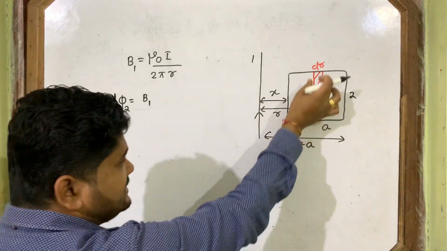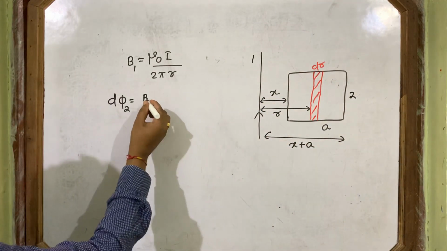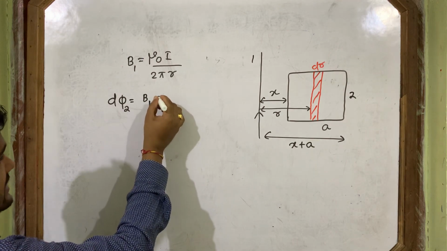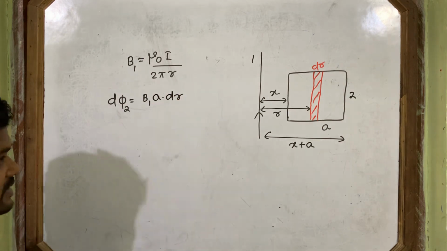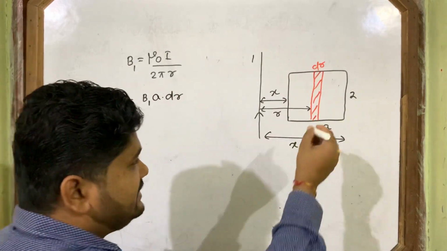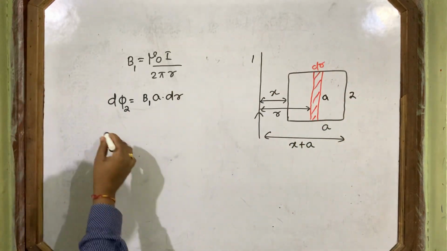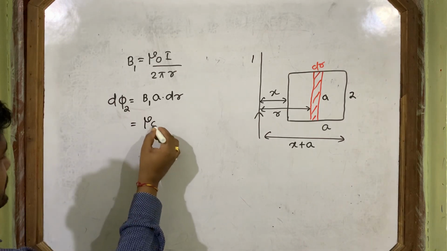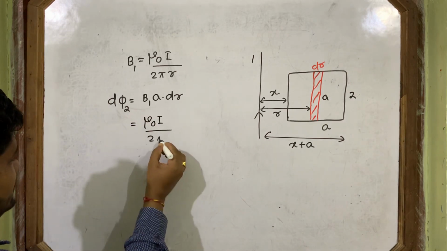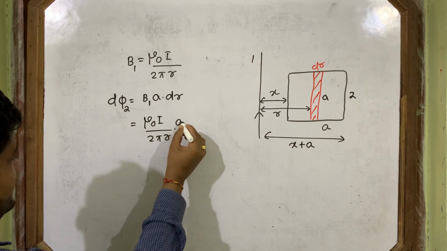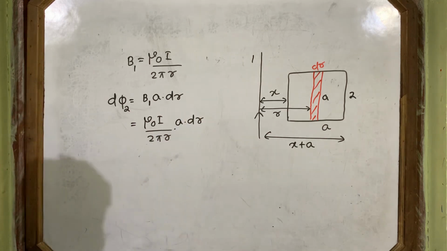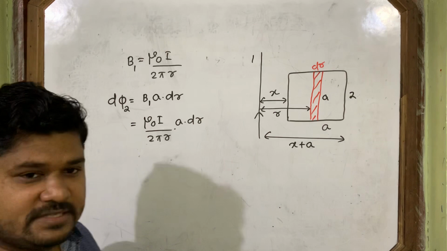The flux is linked with only this red area, so it is B1 into area. The area is A into dr, a rectangle whose length is A and width is dr. So d phi 2 equals mu naught I by 2 pi r, times A into dr.